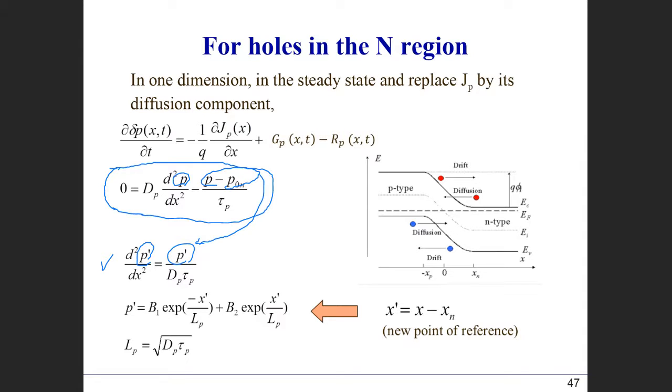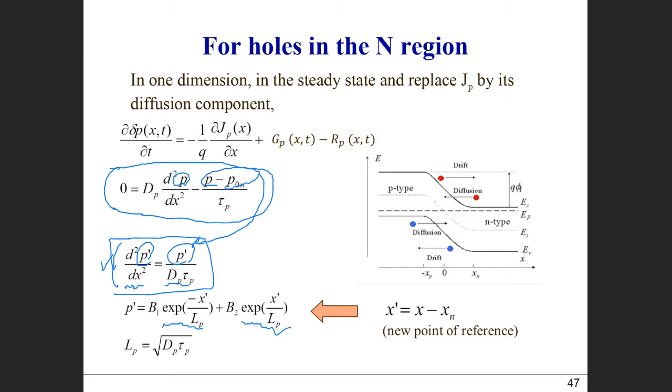Okay. So now, if you look at this equation, if we do the second derivative of p prime in terms of x, that gives us p prime itself with a certain coefficient. Okay. So the only solution satisfying this equation follows the so-called exponential term.